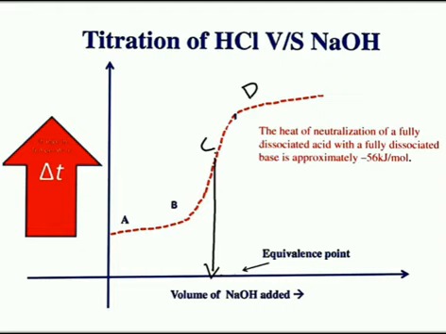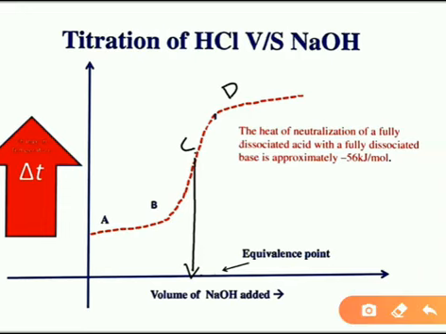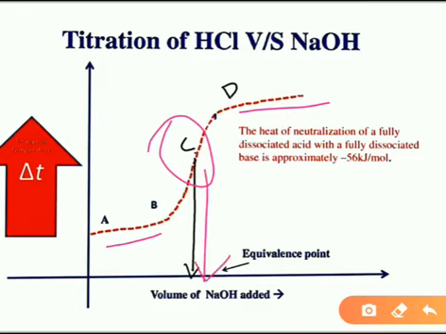Here the neutralization point is indicated by the sharp inflection point. From A to B there are little changes, and after that we have the complete reaction. This equivalence point indicates the endpoint.